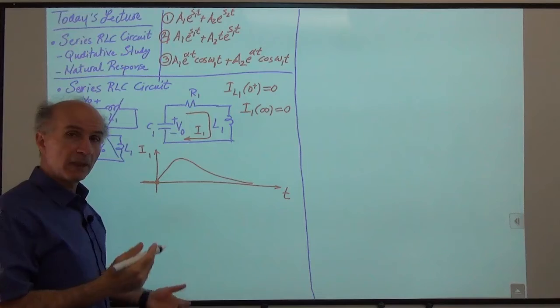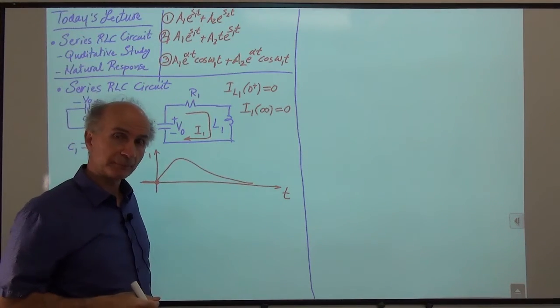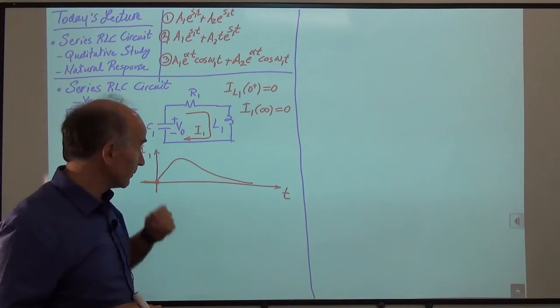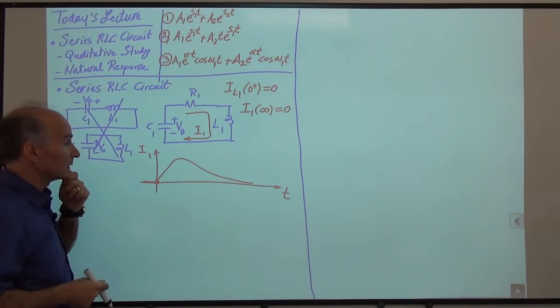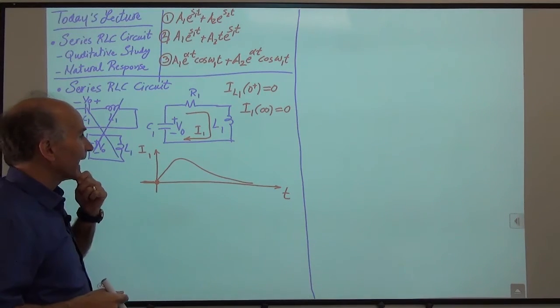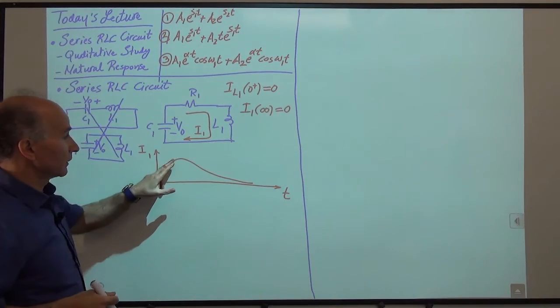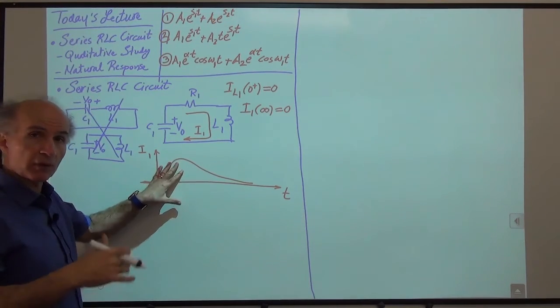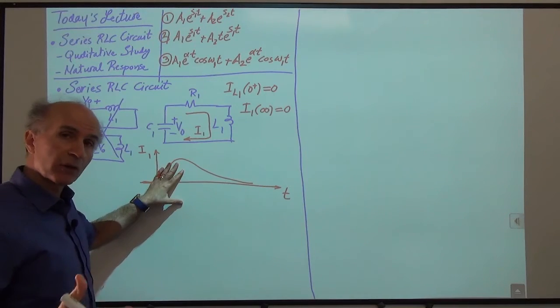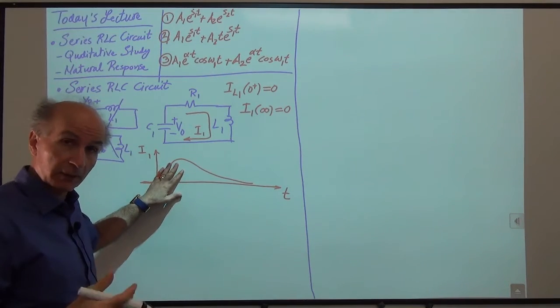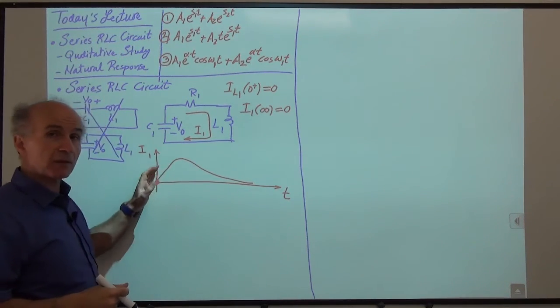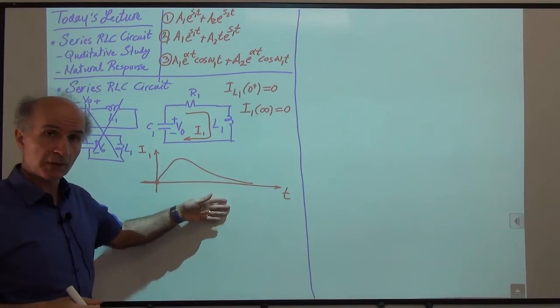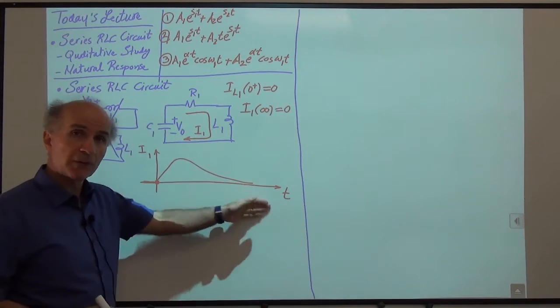So there's some peaking behavior. Okay, so that's what we expect the current to do. Of course, the current could have some ringing before it settles. Again, here I'm sort of assuming that I have an overdamped or a critically damped response. But just generally speaking, we start from 0, we go to 0, and then in between, we will do something to get there.